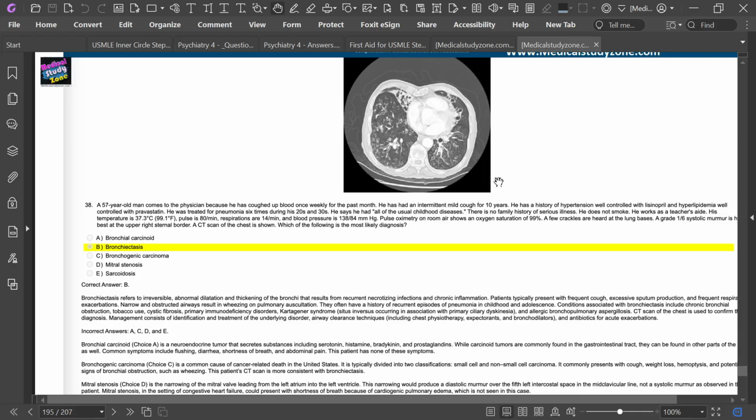CT scan is used to confirm the diagnosis. Treatment is identification and treatment of the underlying disorder, airway clearance techniques, chest physiotherapy, expectorants, bronchodilators, and antibiotics for acute exacerbation.